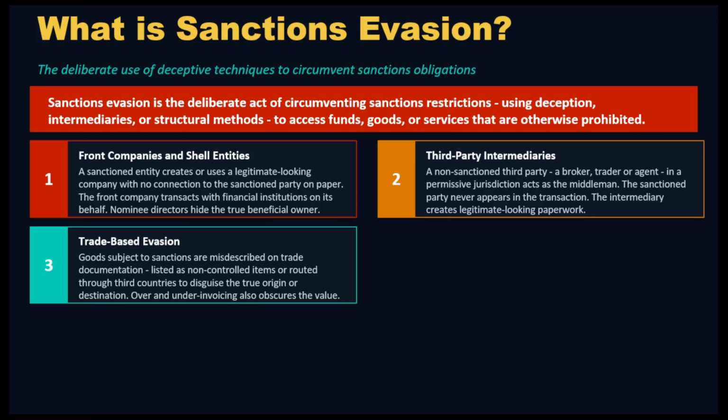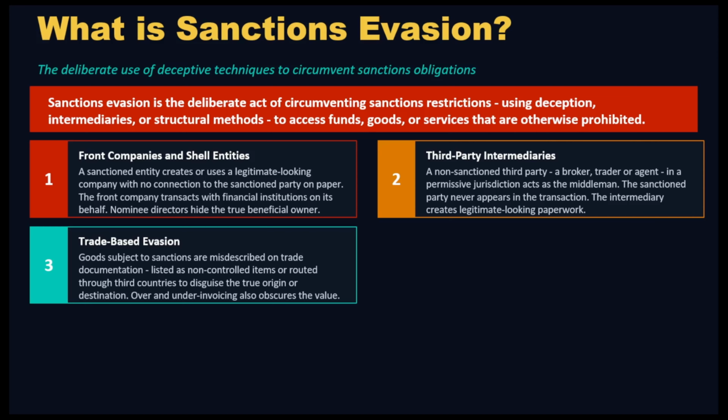These goods are then routed through third countries to disguise the actual origin and destination. Over- and under-invoicing also happen, which obscure the value. This topic we will go into in further detail and understand how each thing works when we reach the trade-based money laundering topic.